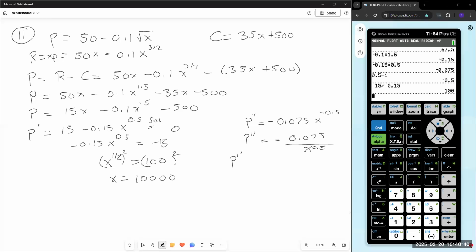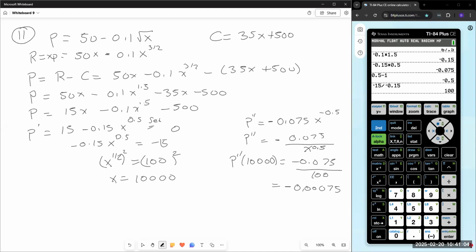Now, we already said what x to the 1/2 or x to the 0.5 is here. P double prime of 10,000 is negative 0.075 divided by 100, which will be negative 0.00075, which is less than 0.